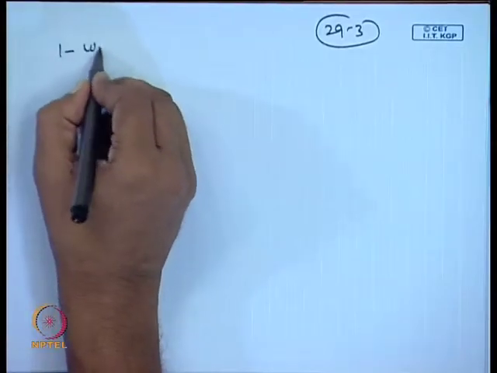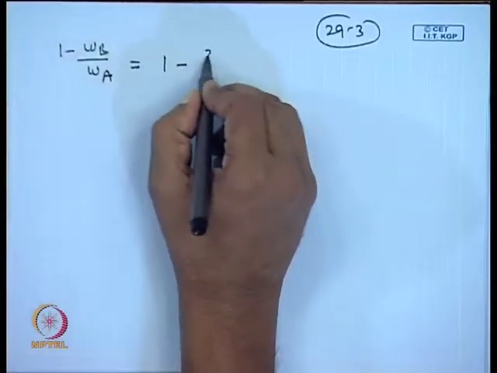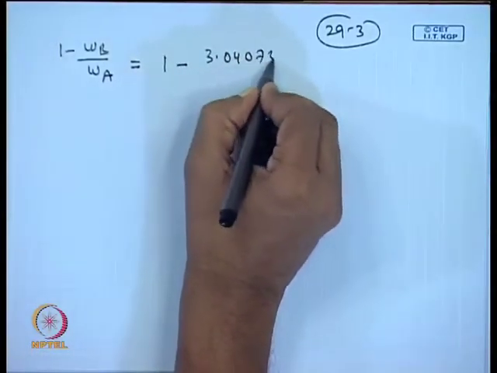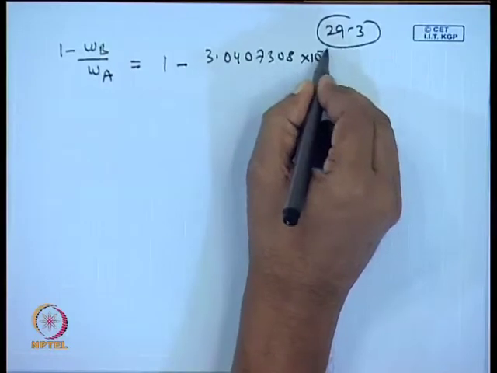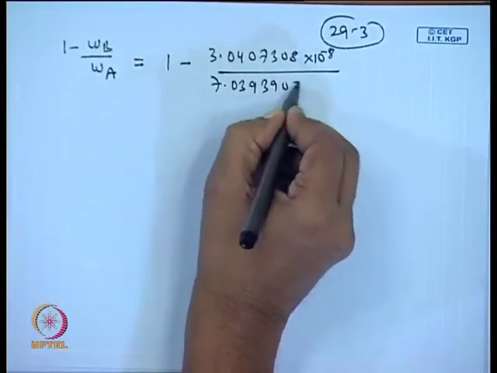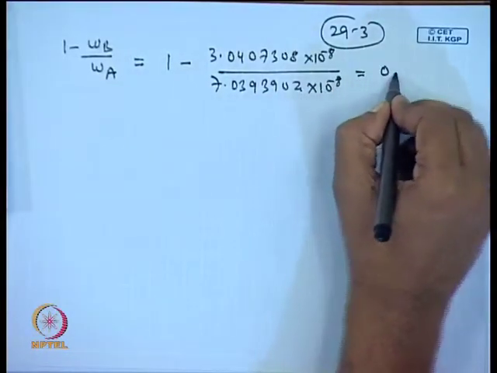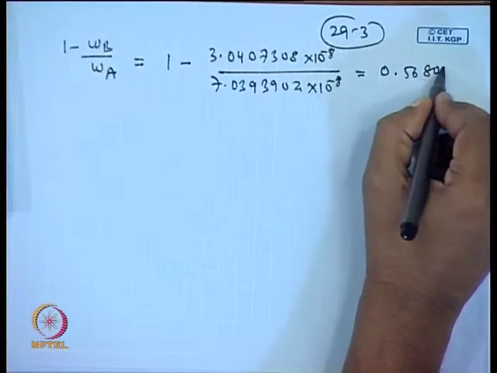So, 1 minus omega B by omega A, this will be 1 minus 3.0407308 into 10 to the power minus 8 divided by, so this turns out to be 0.5680406.